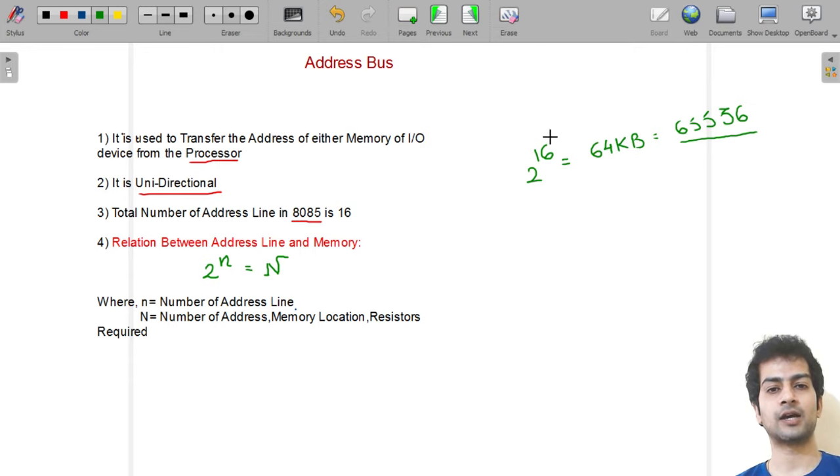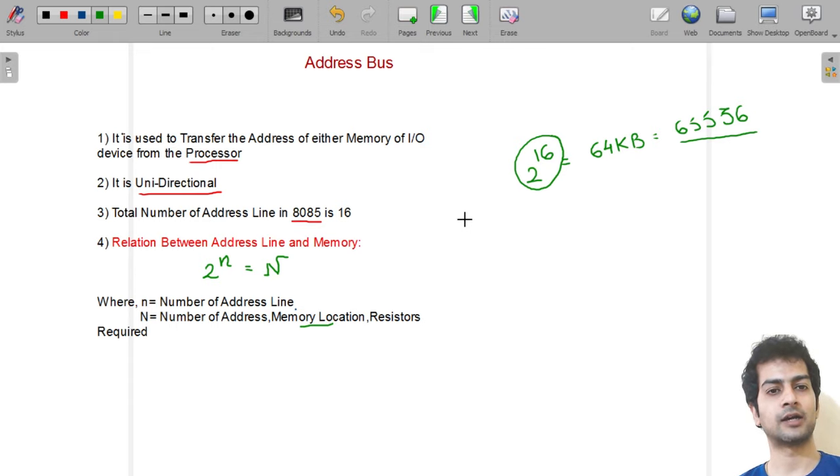So if we have the knowledge of how many address lines there are for any processor, then we can easily find out how many memory locations can be attached to it. I think this is clear to you.